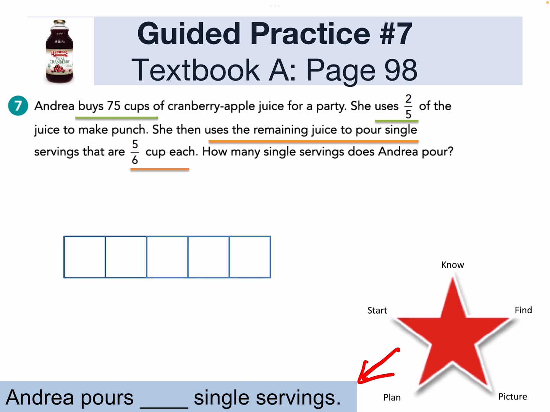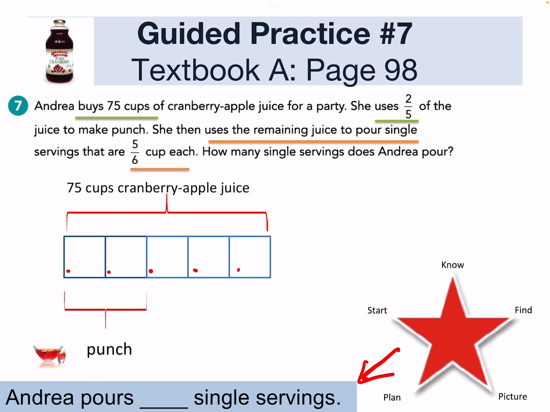Well, let's draw a picture to explain this to ourselves. We have a whole divided into 2, 3, 4, 5 pieces. And this whole is 75 cups of cranberry apple juice, right? 2/5 of that is punch, and that leaves the 3/5 for single servings of juice.